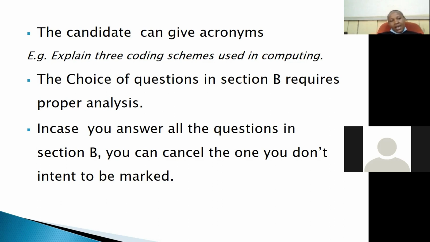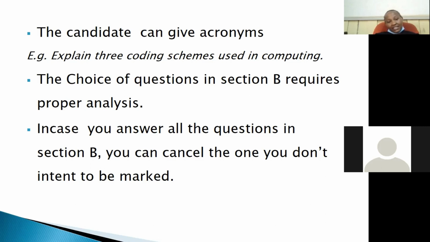Now, in case you answer all the questions in section B, that is, you answer 17, you answer 18, you answer 19, and you also answer 20, still do an analysis, and then you cancel the question that you don't intend to be marked. What will happen if you answer all the questions? Question 20 will not be considered.